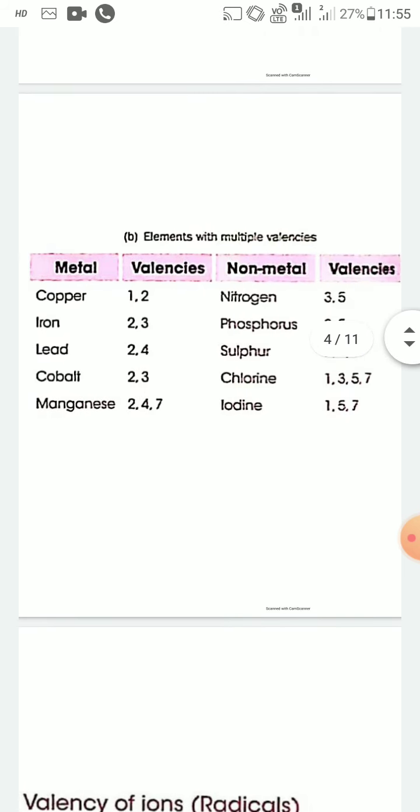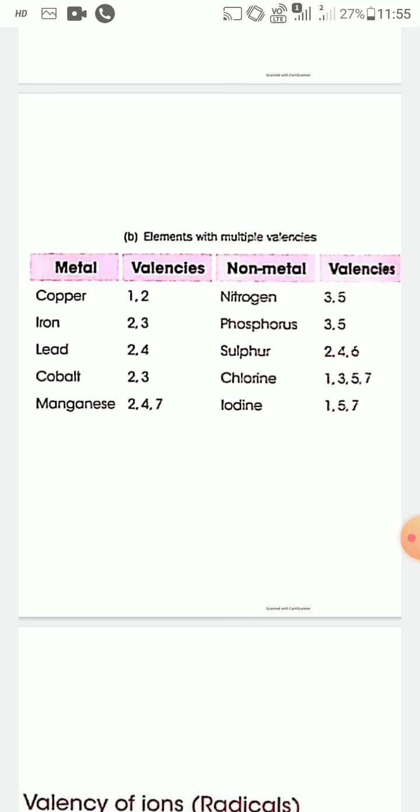Now in this box, you can see elements with multiple valency. Some metals and some non-metals can show variable valencies. For example, metals like copper, iron, lead, cobalt, manganese can show more than one valency. Copper can exhibit 2 valencies, 1 and 2.